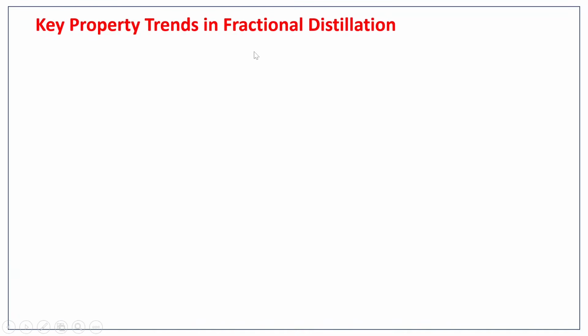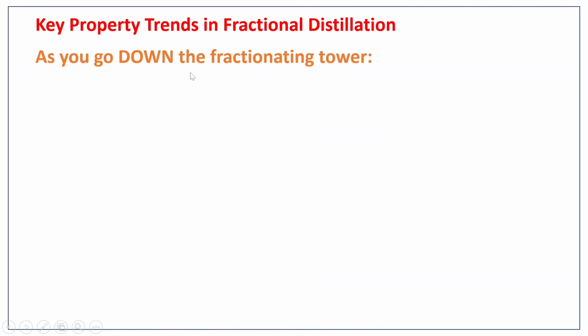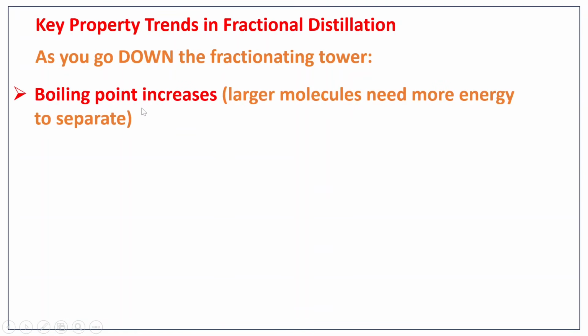in fractional distillation. When we talk about key property trends in fractional distillation, we are talking about the properties that you observe as you go down the fractionating tower. So what are these? The first one is boiling point.